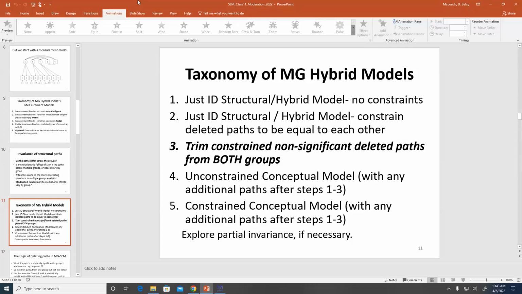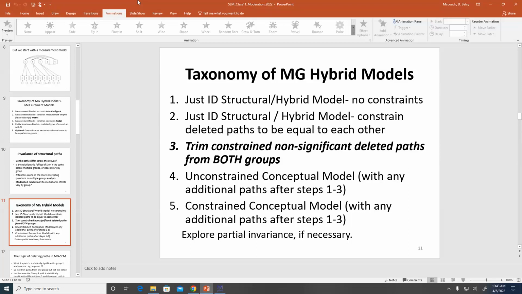And then remember, we talked about how sometimes people trim non-statistically significant conceptual paths out of the model. Sometimes people don't. But if you wanted to trim non-statistically significant conceptual paths out of the model, use the same logic that we just talked about: first we constrain the paths to be equal, and then we look to see if the paths are statistically significant.